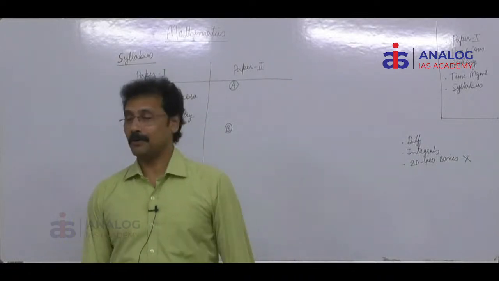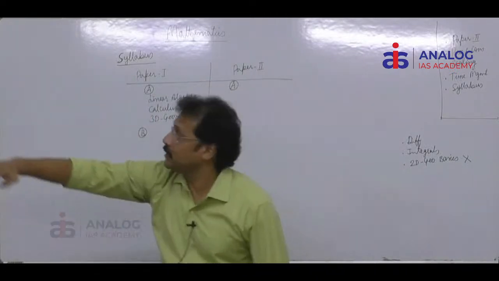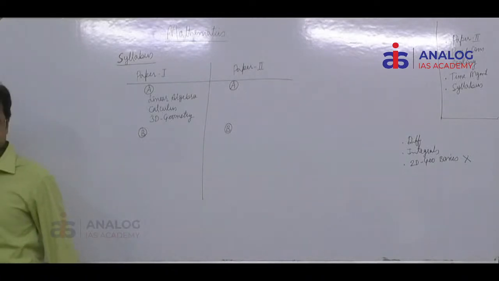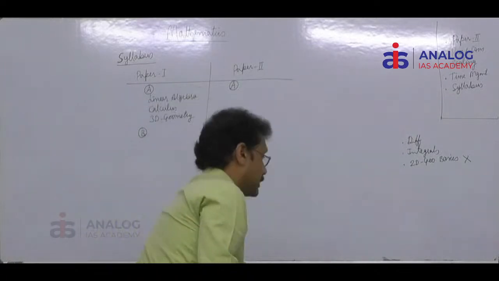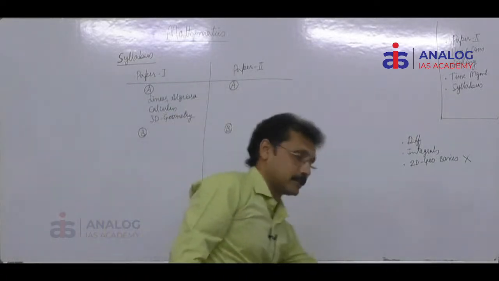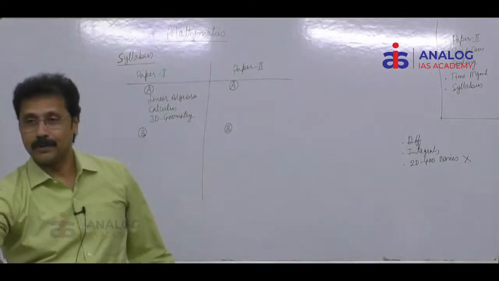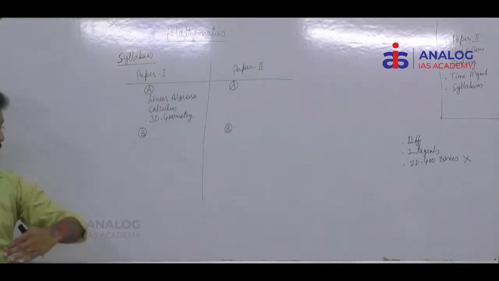So I have a plane which is inclined to the y-axis. Therefore, it is intersecting the y-axis at some point. Inclined to the x-axis, therefore it is intersecting the x-axis at some point, and intersecting the z-axis also at some point. So there is a plane like this, intersecting the y-axis, x-axis, z-axis.